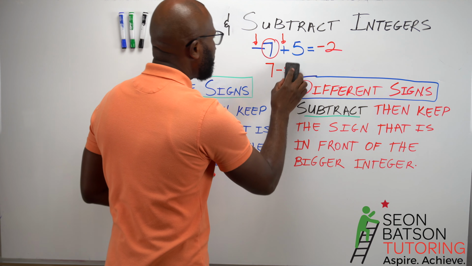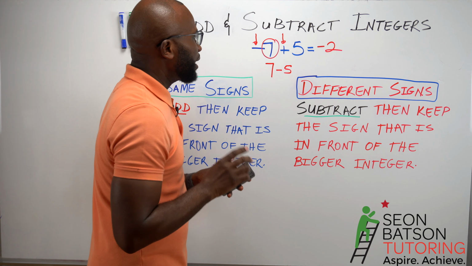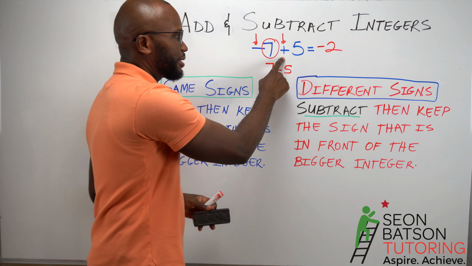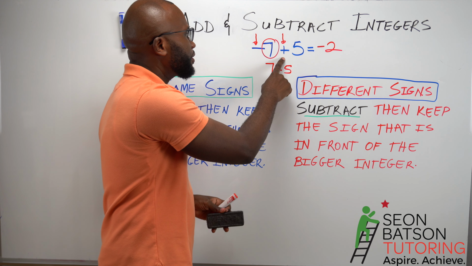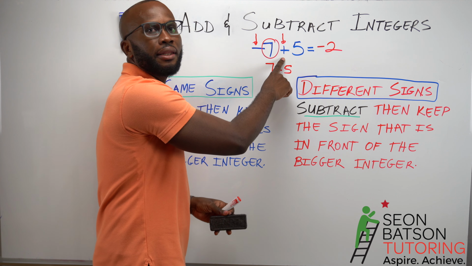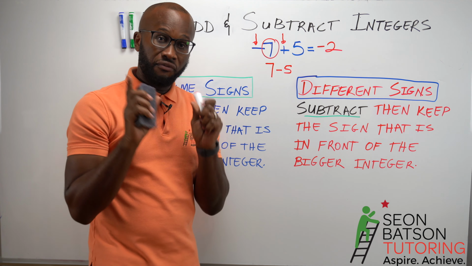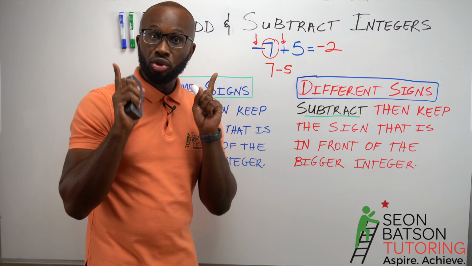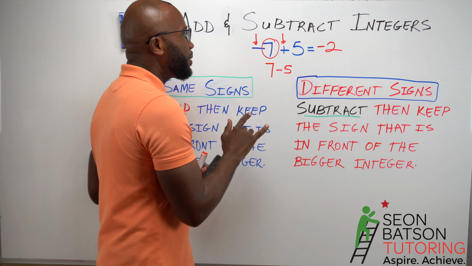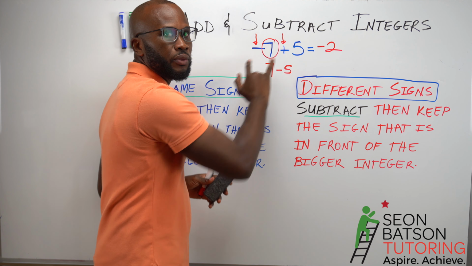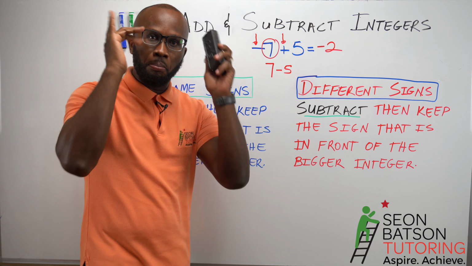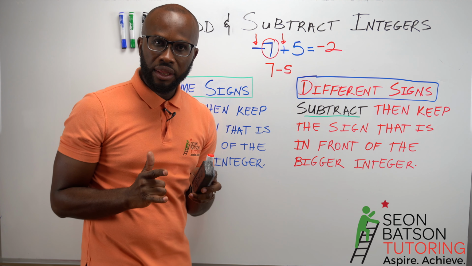Now, before I go to the next example, I know that it is very tempting to add, because there is an addition sign in the middle here. But very important, do not be tricked. If our problem has 2 signs, we must respect both signs. Don't forget that.